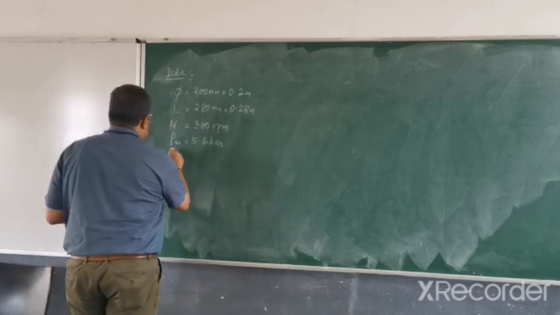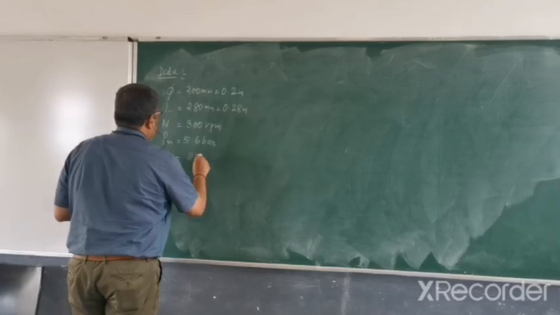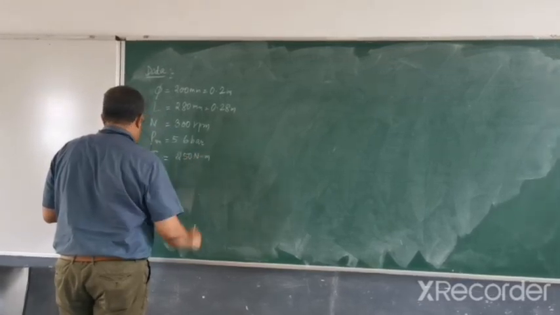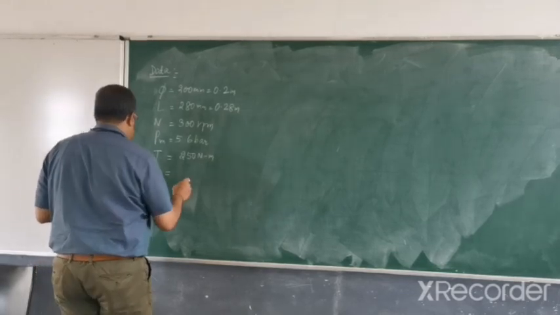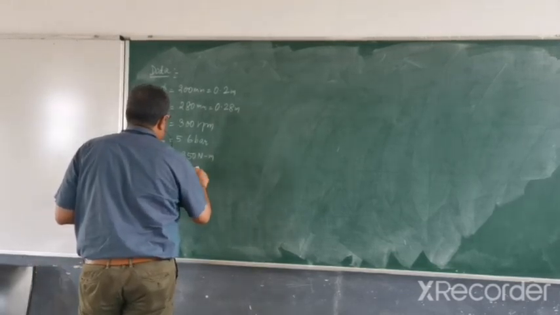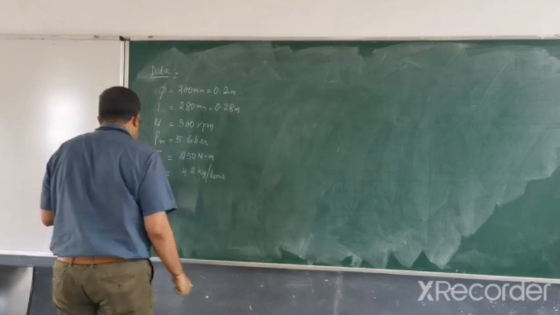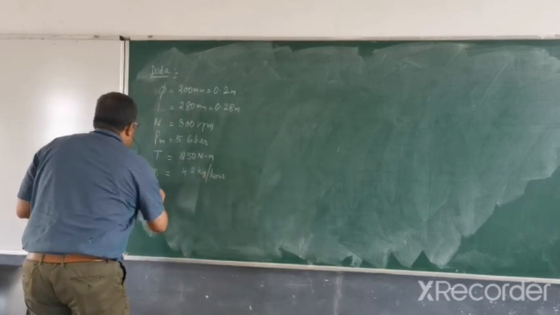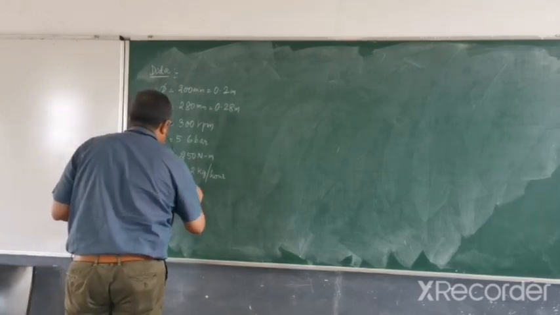Torque on the brake drum, that is the value directly is given. Torque is given as 250 Newton meter. Fuel consumed. Okay, so this is 4.2 kg per hour. Then the calorific value of the fuel is given as 41,000 kilojoules per kg.